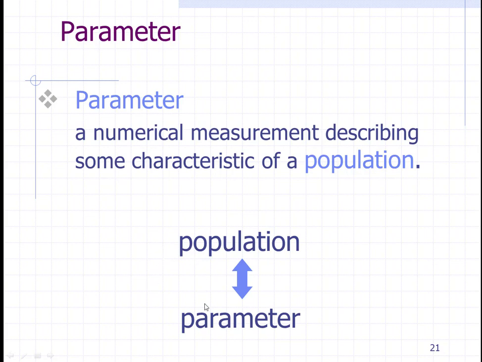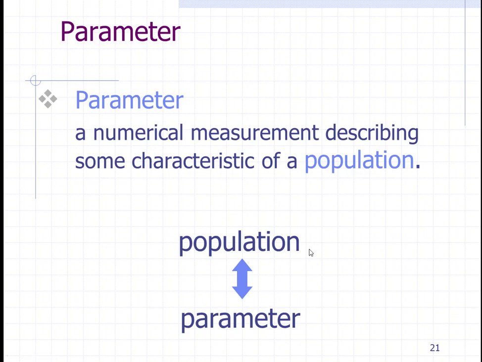So a population parameter, as we talked about in the previous lecture, is when we gather data about the entire population. That process is called a census, but the data that we collect are parameters.